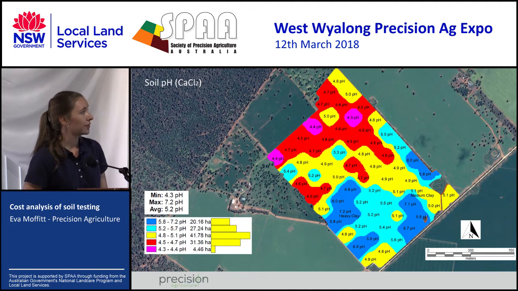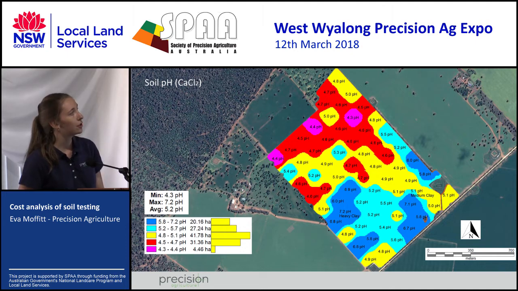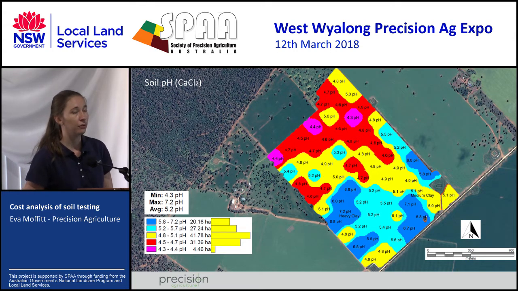On the southern side of the paddock we've got values that are already neutral or alkaline, some areas where we want to avoid liming, and then in the northern end of the paddock we've got more acidic values, in this particular example ranging as low as 4.3 pH. The average for this paddock, interestingly, was 5.2, so if we had taken our regular transect style soil sample we might have thought that the paddock was in reasonably good condition, and we might have applied some lime, but probably not very high rates.